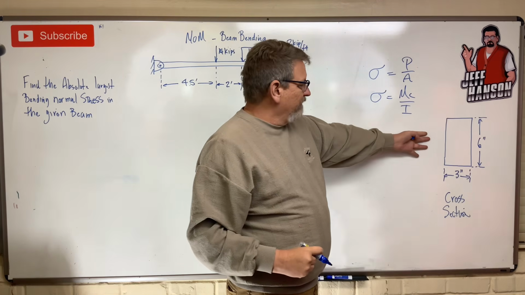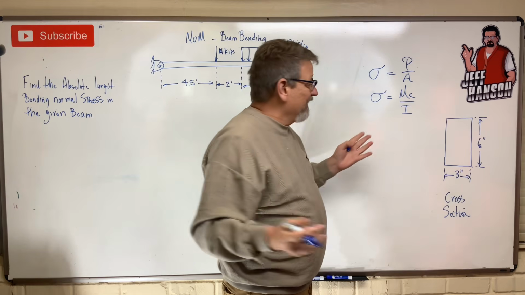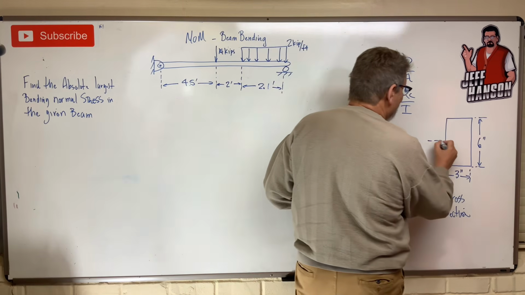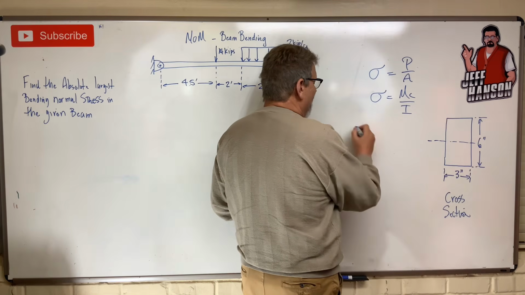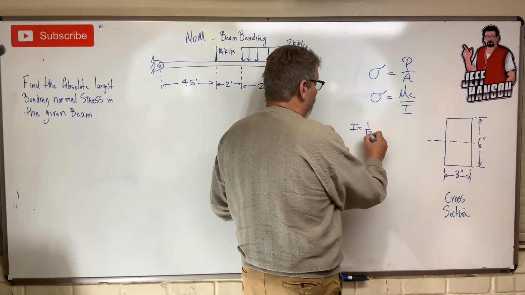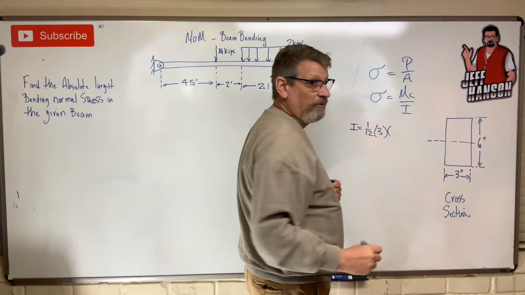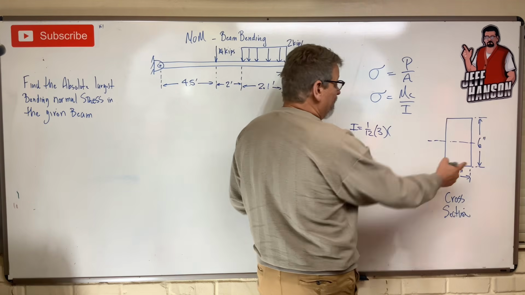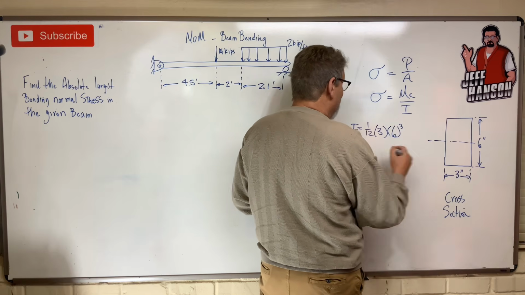Here's the cross section of the beam. It's a nice little rectangular beam, isn't it? Here's the neutral axis. Boy, that makes my life easy, doesn't it? So we can calculate I real fast. I, it's a rectangle, 1/12 the base, 3, times, remember the equation? BH cubed, right? Height is 6 cubed. These are going to be in inches cubed.